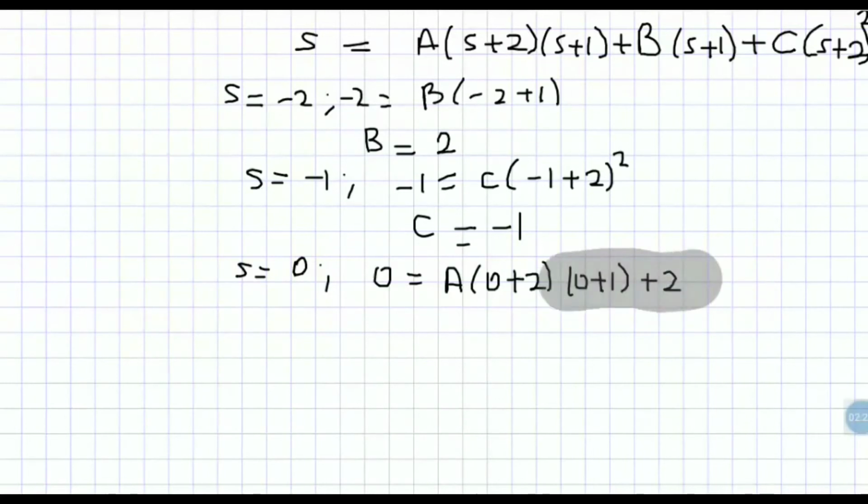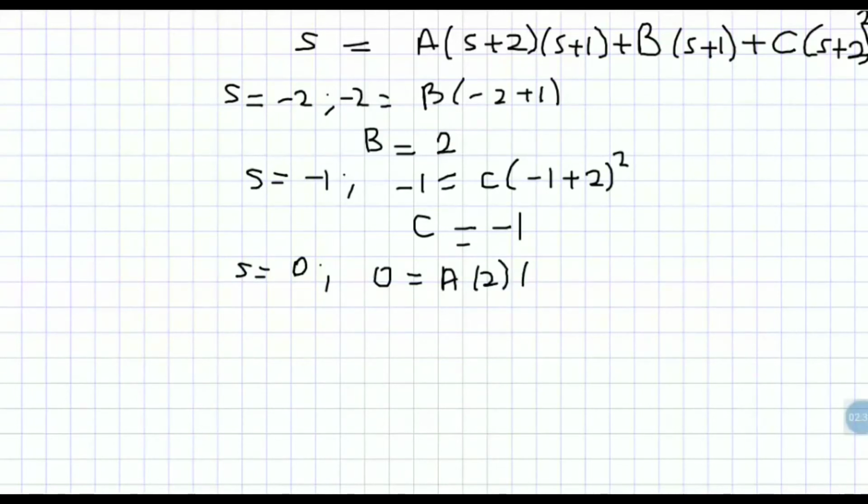I think you can shorten this by just having this. So B is 2, so this is 1, C is minus 1, and you have to square. All right, that will give you A equals 1.